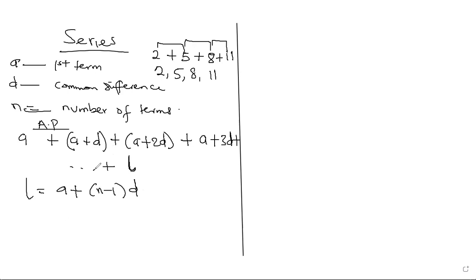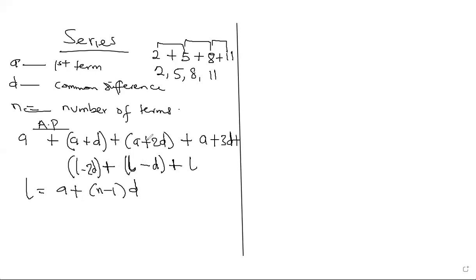If I want to get the term just before the last term, it is going to be L minus D. And the element before the second to the last term will be L minus 2D.